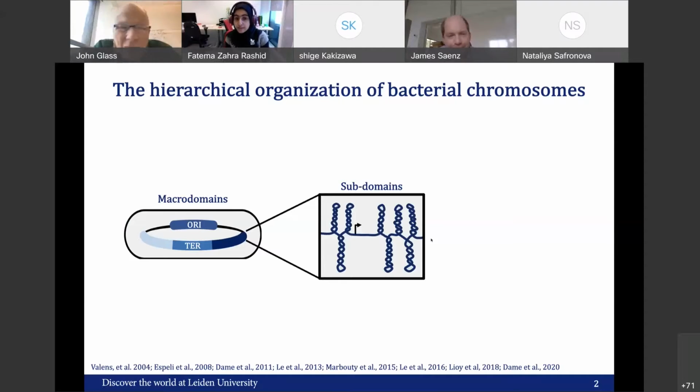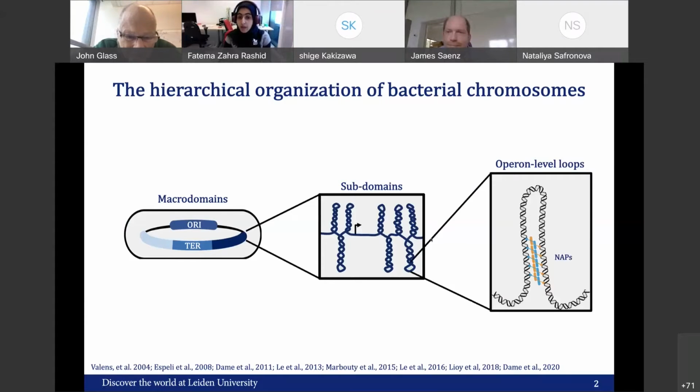And the boundaries between these subdomains are generally maintained by highly transcribed genes. And when we zoom in even further, we find that the smallest level of organization in bacterial chromosomes, and of course some archaeal chromosomes, are operon level loops that are formed by nucleoid-associated proteins.